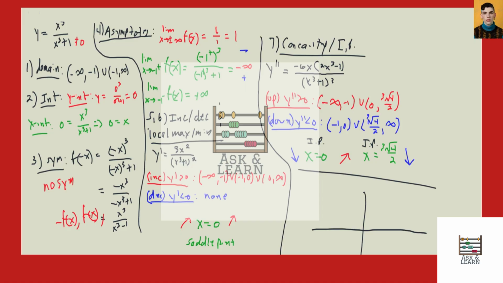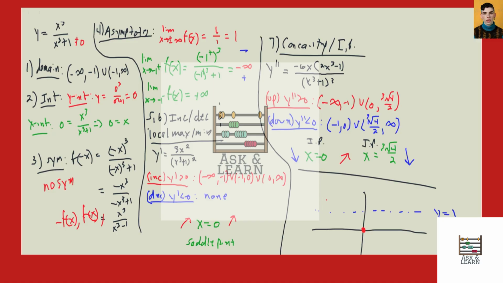So we had an intercept at only the origin. So we'll go ahead and put that down. We can go ahead and put our asymptotes down as well. So we know at y is equal to 1, actually, let me go ahead and put that a little bit above. So at y is equal to 1, we will have a horizontal asymptote.